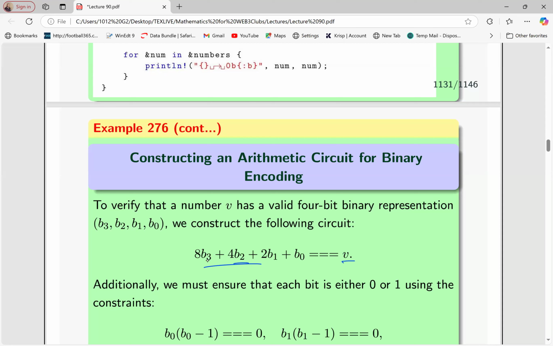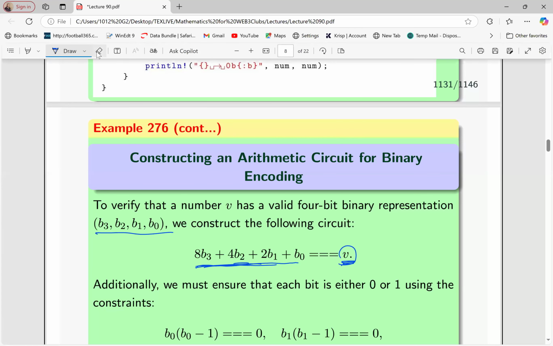So this is our decimal number, and this is how we convert the binary number to decimal. So this is the circuit. If you're given a 4-bit binary number, this is the circuit for writing its decimal equivalent. This is the circuit.